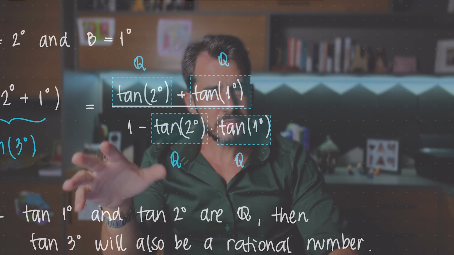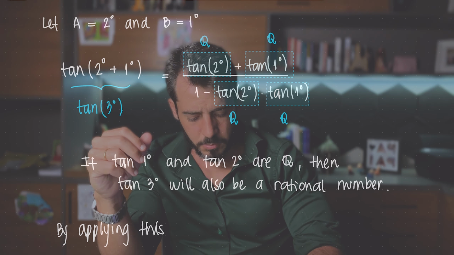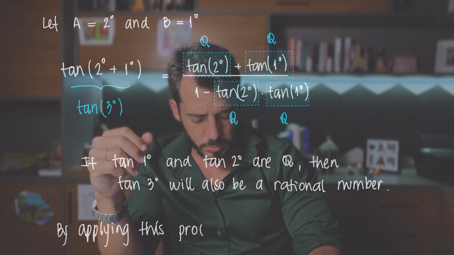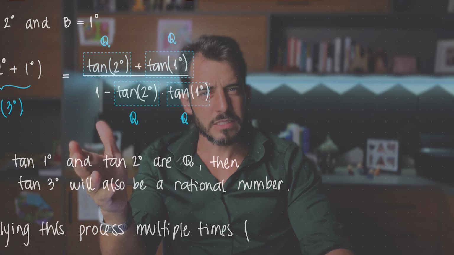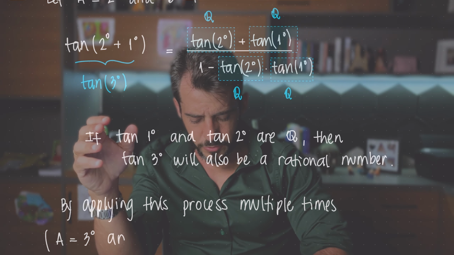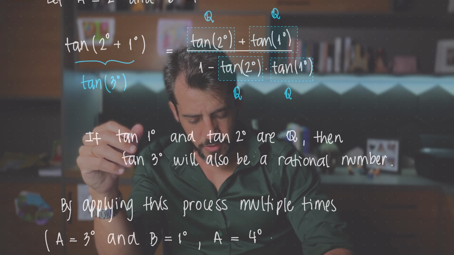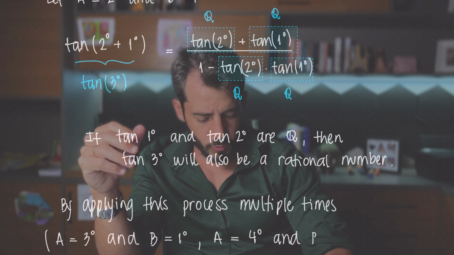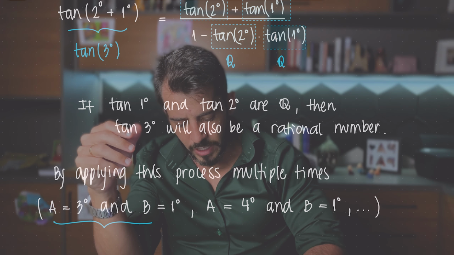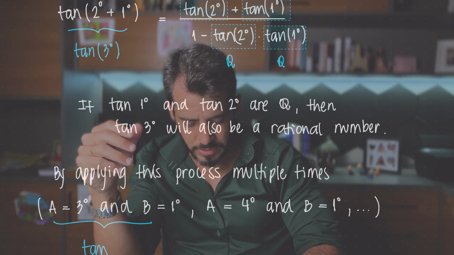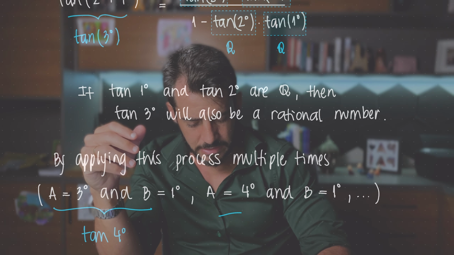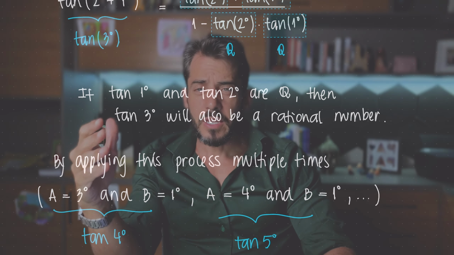Now you probably see where we're going with this. By applying this process multiple times, and what would be the next step? To call a 3 degrees and b 1 degree, and then a 4 degrees and b 1 degree, and these would allow us to find, for example, tangent of 4 degrees, tangent of 5 degrees, and so on.